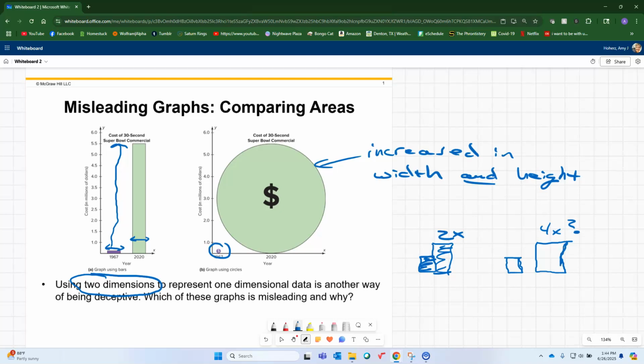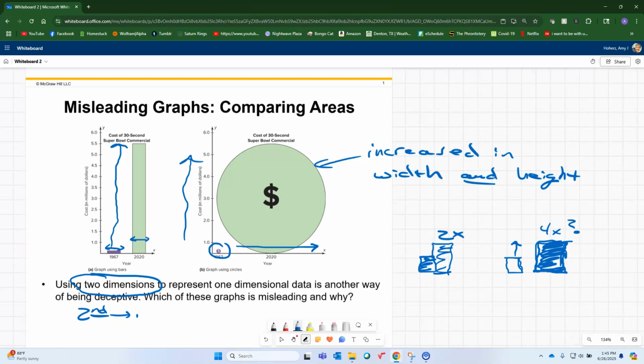So if I look at this bar in comparison to the first one, it looks like it's 4 times as big, even though it only increased 1 box. And so it's deceptive when you use a 2-dimensional shape, because when you increase it, it not only increases the height of the green circle, but it also increases the width of the green circle.